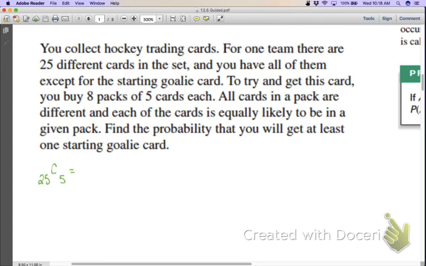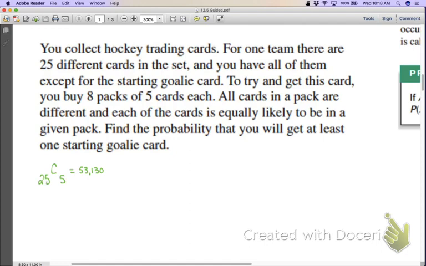So I have to find the combination of 25 different people, taken 5 at a time. 53,130 different combinations. So this is how many combinations I have.